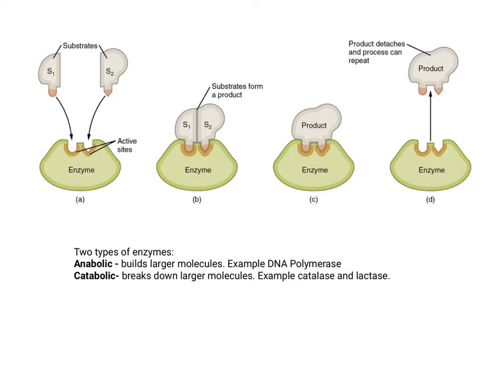For this particular one, this is an anabolic enzyme, because you have two smaller pieces, two substrates, coming in. They bind to the active site, and then the enzyme does its magic. It forms a bond between substrate 1 and substrate 2 to produce this new product. We're going to go into a little more detail about that in a second.